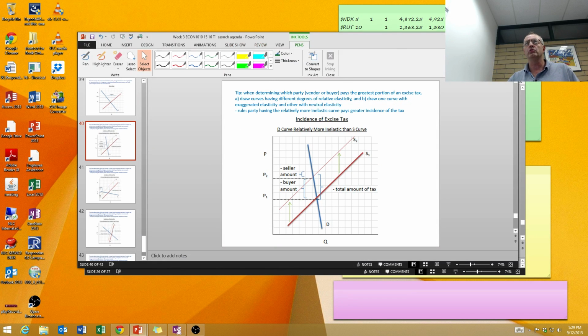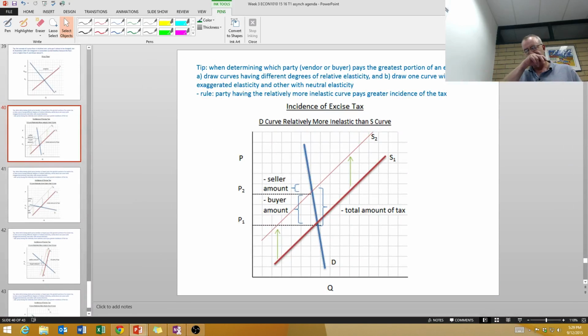Okay, so we have our supply and demand curves. We know that if the slope of a curve is relatively steep, that means this curve is relatively inelastic. It could be the demand curve, it could be the supply curve. And if the curve is relatively flat, then the curve is relatively elastic.